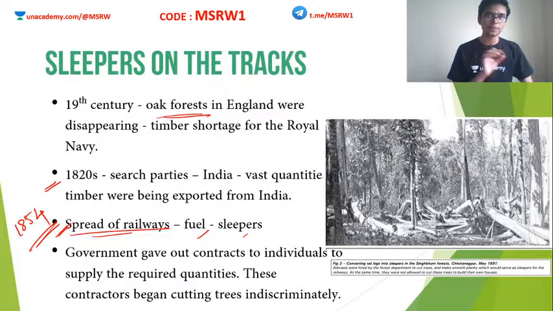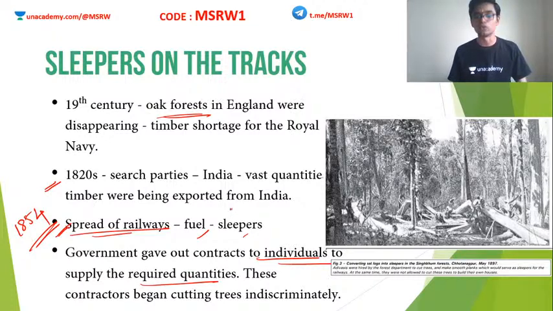So for all these purposes, even more trees started to be cut down, and railways expanded in India at a very large pace, which means more and more trees and forests were felled in order to crisscross the country with railways. The government gave out contracts to individuals to supply the required quantities of wood.